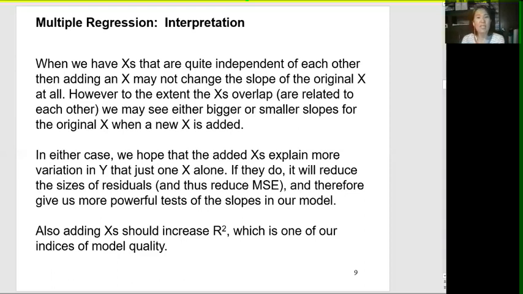What is MSE? Mean square error. Do you remember that? Mean square error is the sum of (y minus y hat) squared. This sigma is not the small sigma, right?